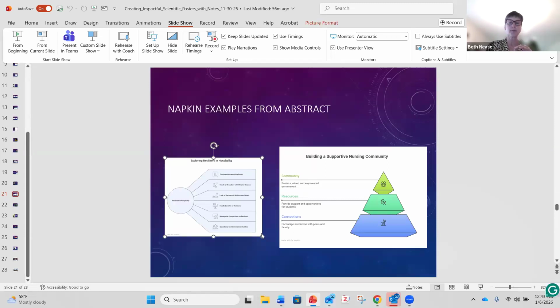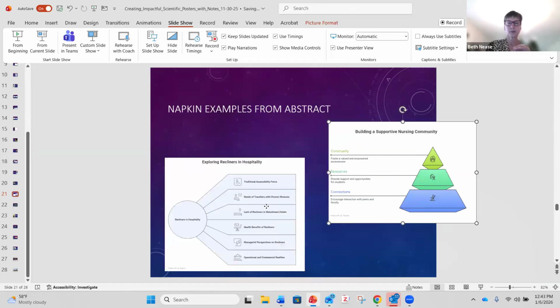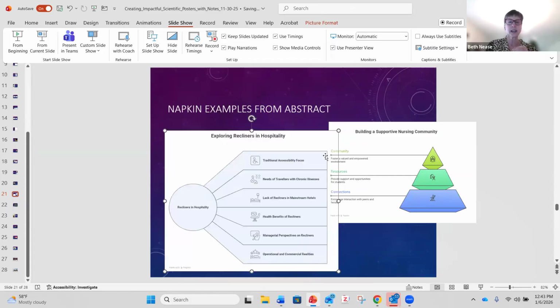Here's another one. I'm gonna pull this up a little bit, make this a little bit bigger while we're on the slide together so you can see it. Basically, I have an abstract that is a qualitative study I'm working on, and I'm looking at people who sleep in a recliner. There's a lot of people with COPD and heart failure who sleep in a recliner every night to help them breathe easier and get some actual sleep.